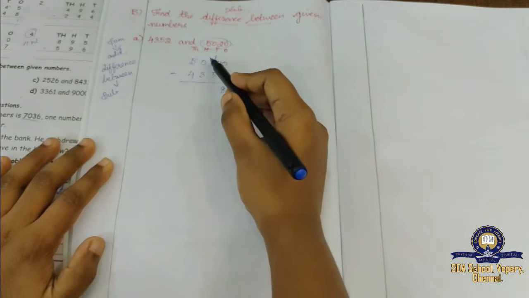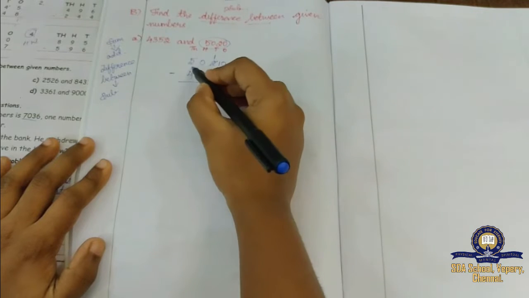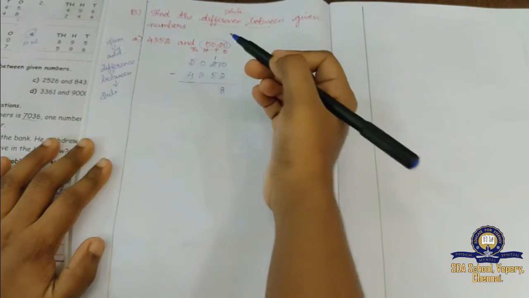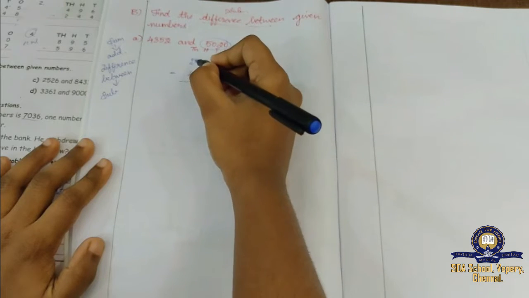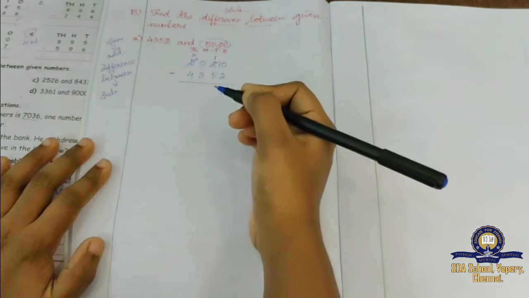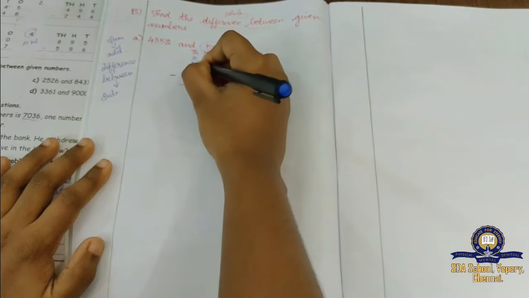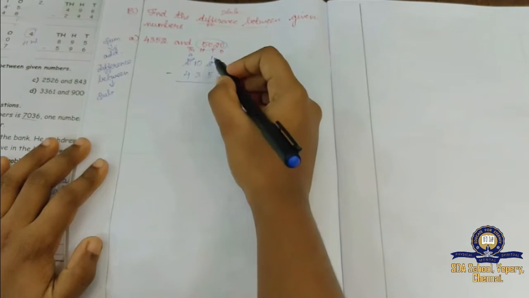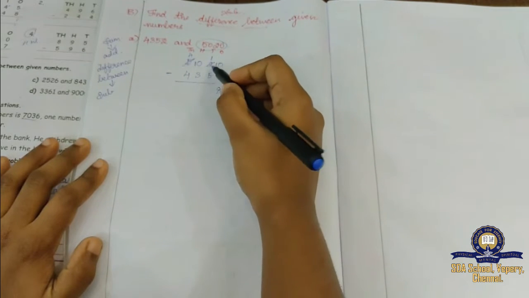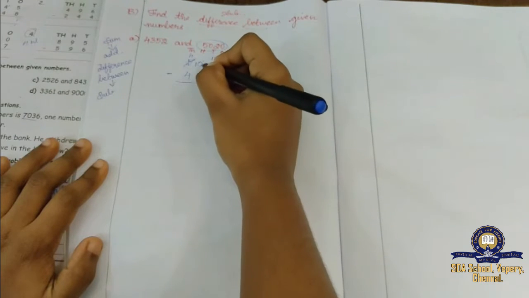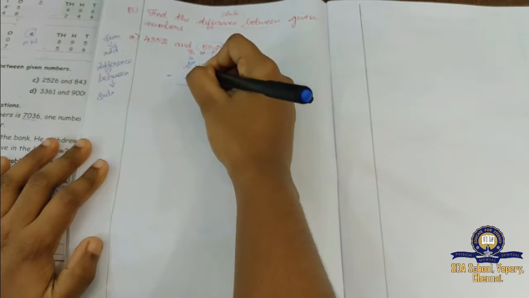We have to go to the next place. So the next place is thousands place. So here we have 5. So we can borrow a number from 5. So 5, here 4, and here we'll have 10, right? But we are subtracting 10's place. So what we have to do? We have to borrow. Now we can borrow this because it is 10. So we can borrow this.